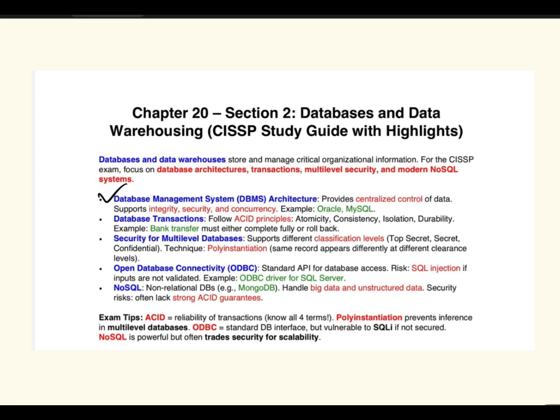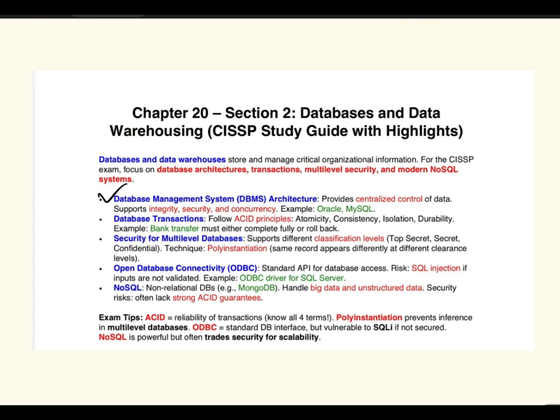For example, a relational DBMS: Oracle, MySQL, Microsoft SQL Server. Functions: data storage, query processing, and access controls.